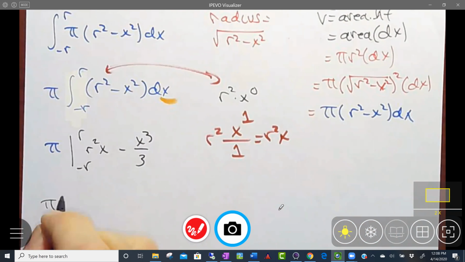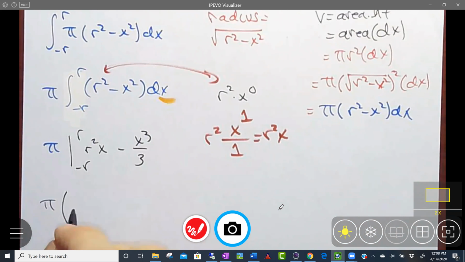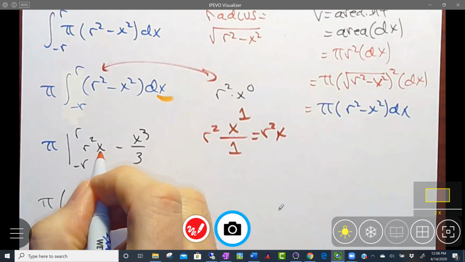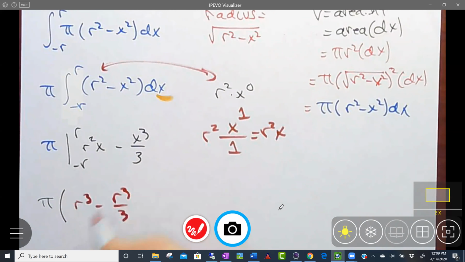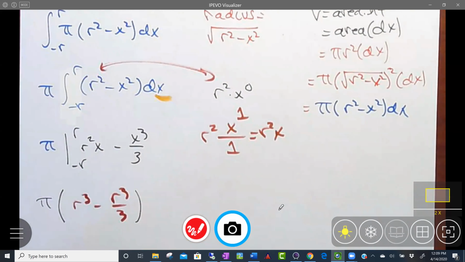I get pi, and if I put in an r here, what am I going to have? R cubed. Yeah, I'm going to have r cubed. So it's going to be r cubed minus r cubed over 3. And that's my upper limit.